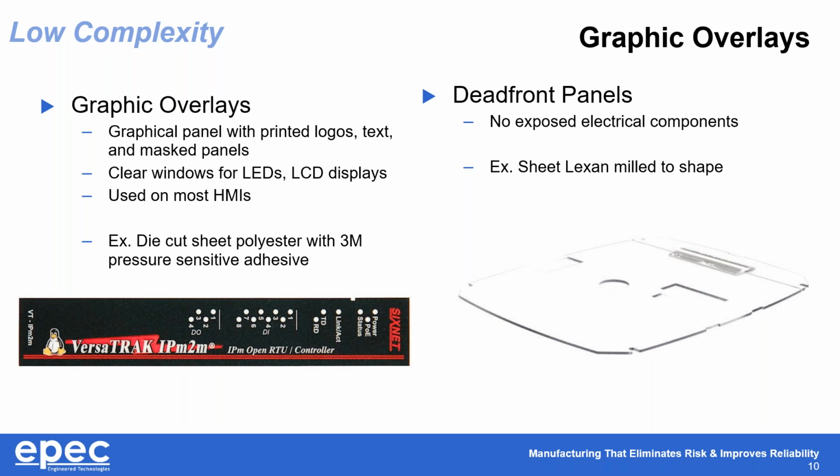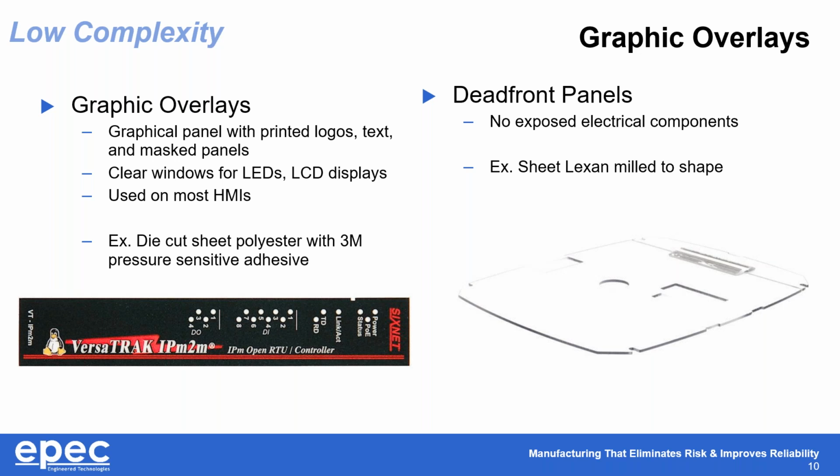Among the simplest of the technologies that we can support are low complexity graphic overlays or dead front panels. These are really just glorified stickers. They typically have an adhesive backing, typically called a PSA, for pressure sensitive adhesive.